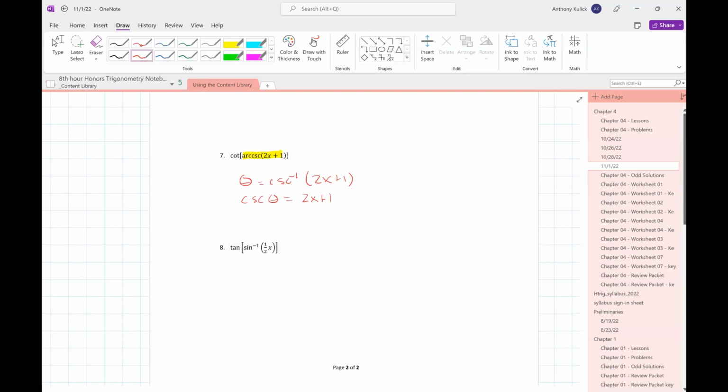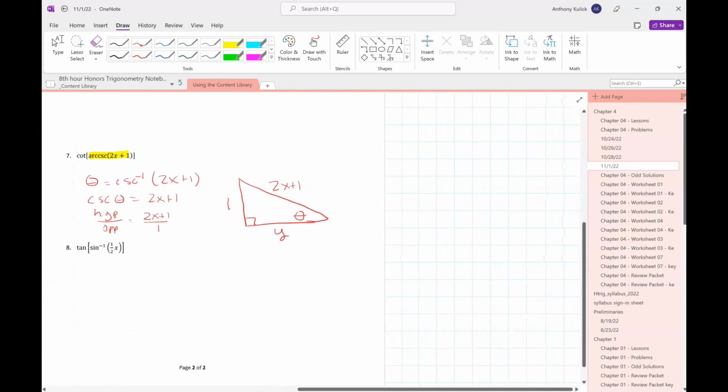Now remember my right triangle definition for cosecant is hypotenuse over opposite. So if I draw my right triangle and I label one of the angles theta, the hypotenuse should be 2x plus 1. The side opposite should be 1. And then I need to find this side, which I'll call y for the sake of argument.